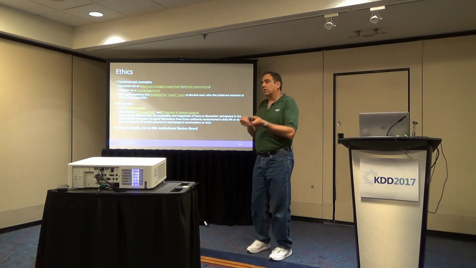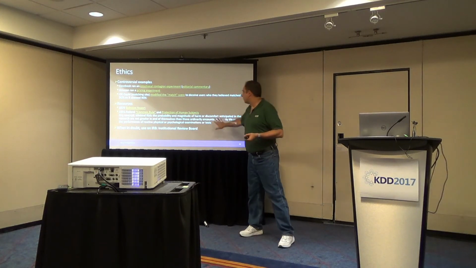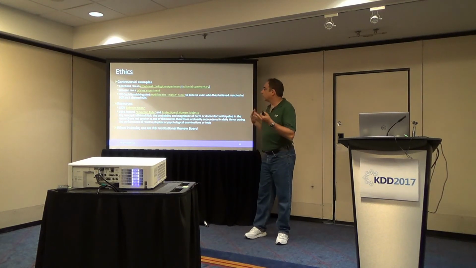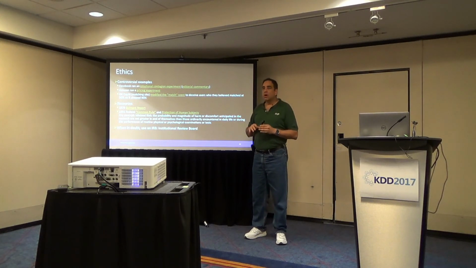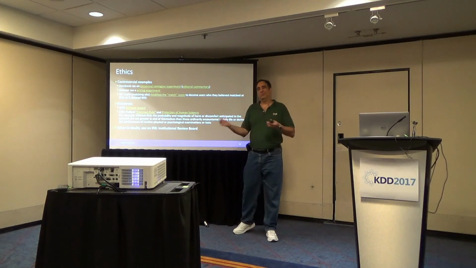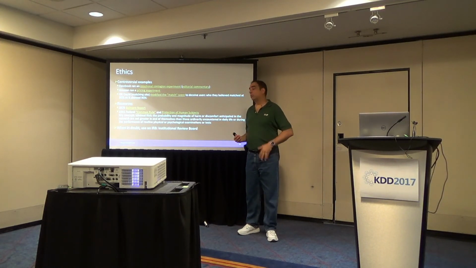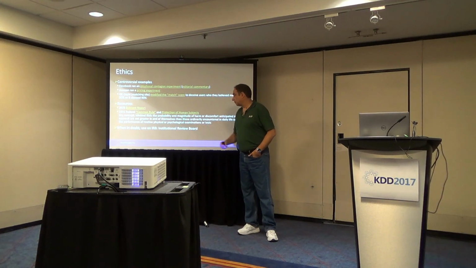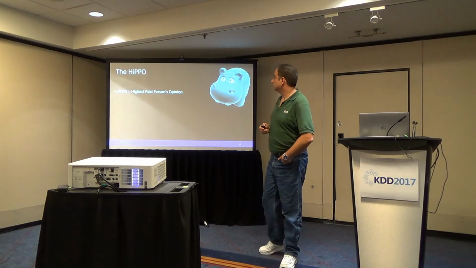Which is you're exposing people to some treatment, and there is minimal risk if the magnitude of the harm is going to be what you are normally subjected to in daily life. By far, most of our experiments fall into minimal risk, right? We do something, we change something, it's minimal risk. But if you're running something that is more than that, you should consider some review, and there's a concept called the Institutional Review Board for you to use.